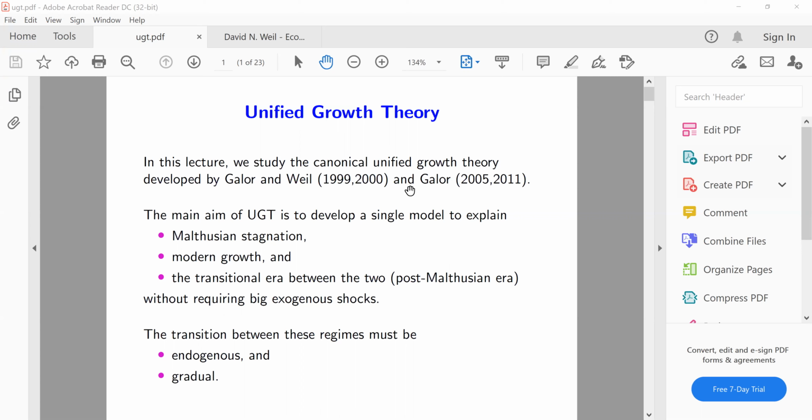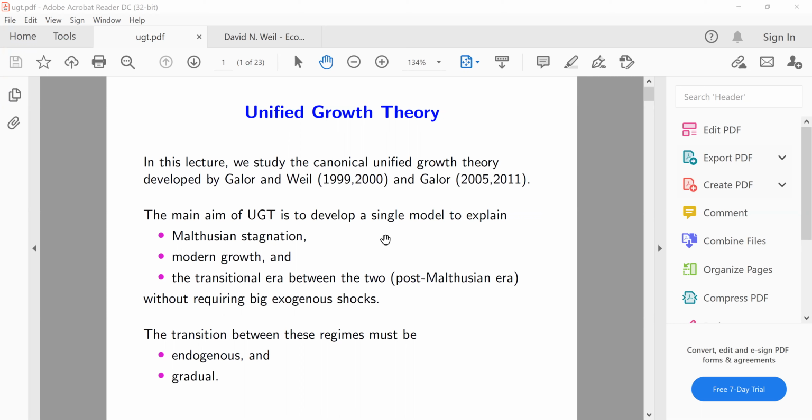Then Oded Galor was actually more active in pursuing this theory, and the 2005 version published in Handbook of Economic Growth is actually the most elaborate version of it. And finally, in 2011, Galor collected his studies within a book which has the same title, Unified Growth Theory.